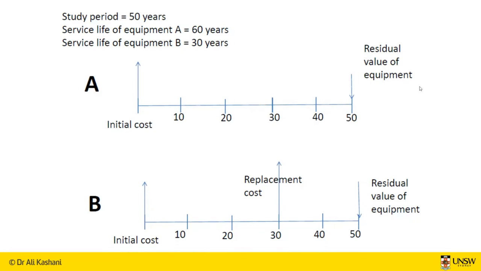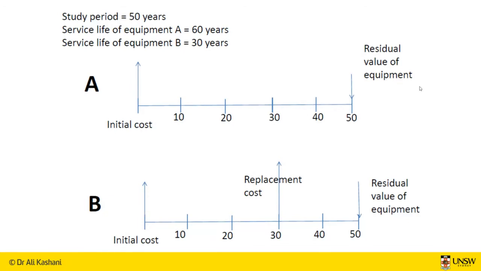So maybe your cost is going to be doubled. And so that can be a problem. Although the initial cost can be lower for option B, because you're going to double the costs during the study period and life cycle of the project, then when you compare it with equipment A, maybe equipment A is going to be more economical.